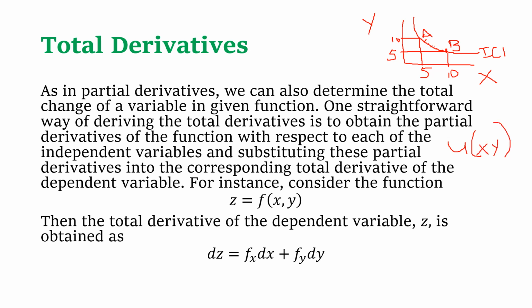and then you have the total differential du, which equals u_x dx, that is u_x, the partial derivative, u_x dx, plus u_y dy, equals the total derivative, which is du.